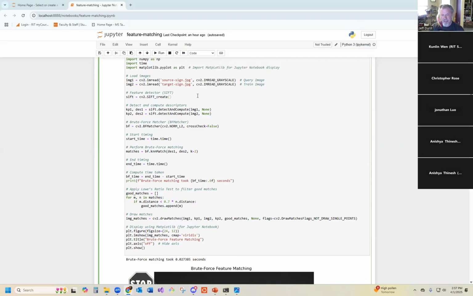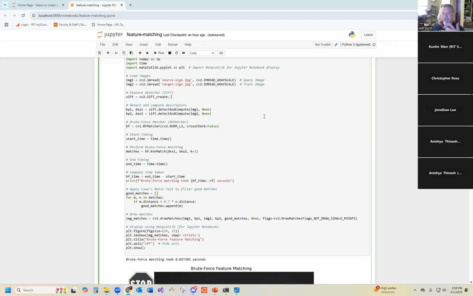So right out the gate, it's very safe to assume our performance will be very bad, because we've just thrown SIFT at it completely devoid of any intelligent optimization or parameterization. So we've got the basic out of the box SIFT algorithm.